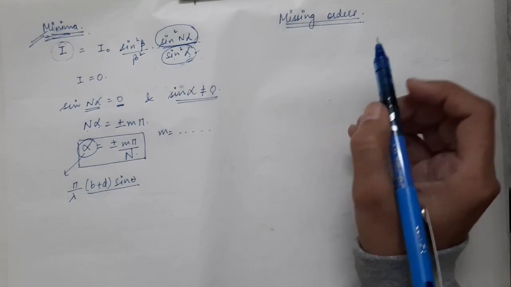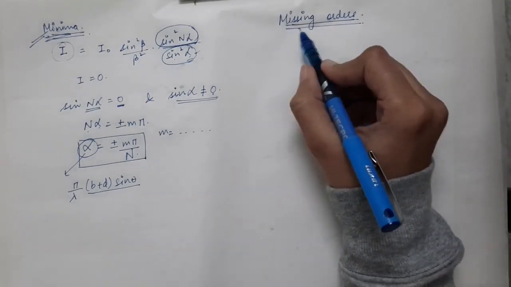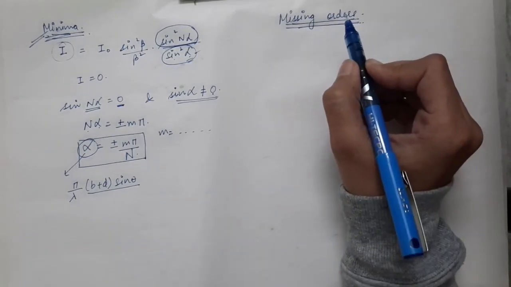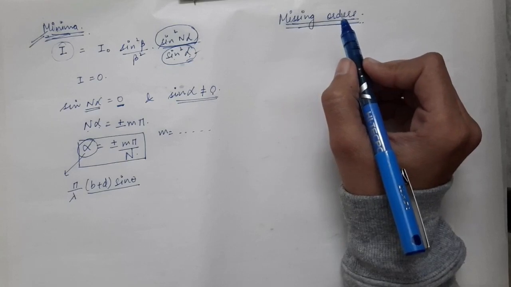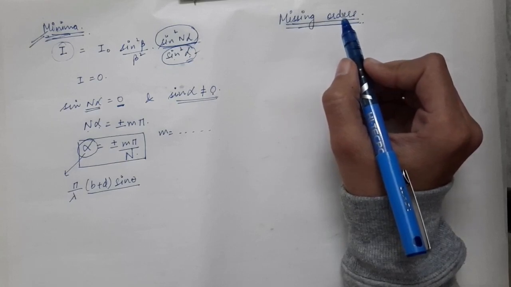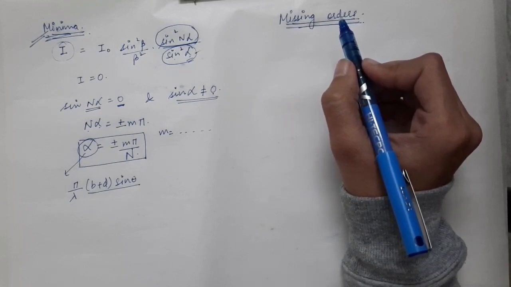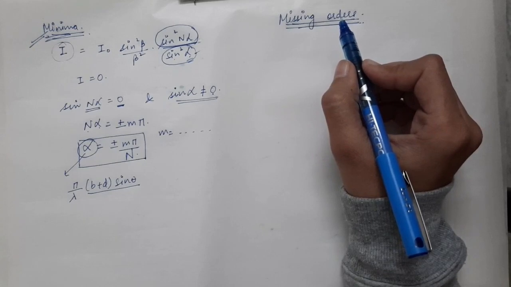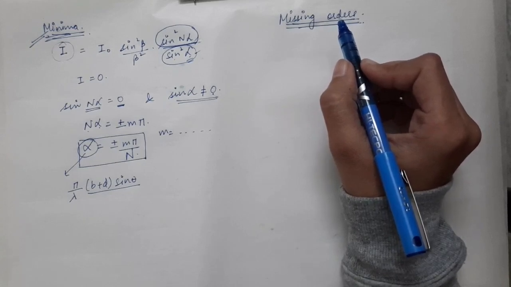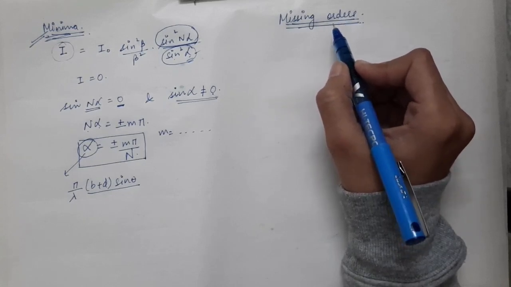That is due to the factor that at the same point there is a minima due to diffraction. So in this case also, in the case of multiple number of slits, there are various orders of the principal maxima that are absent from the diffraction pattern, and the reason is the same: there is a maxima due to interference, but at the same time, at the same point, there is a minima due to diffraction from a single slit.